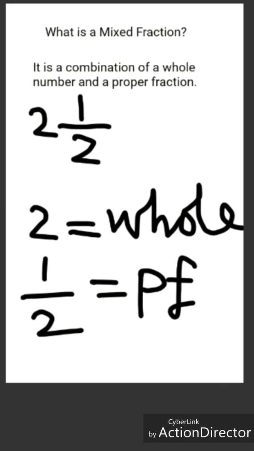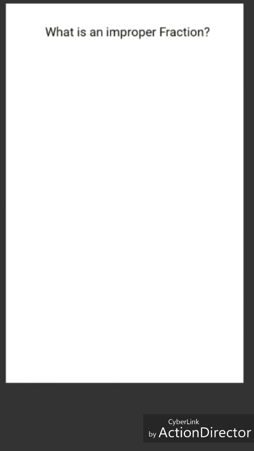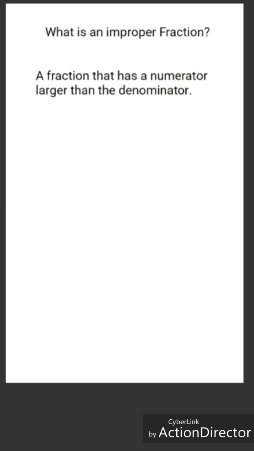But you can also turn mixed fractions into improper fractions. So what is an improper fraction? A fraction that has a numerator larger than its denominator, such as 7/4. 7 is larger than 4, so that is an improper fraction.